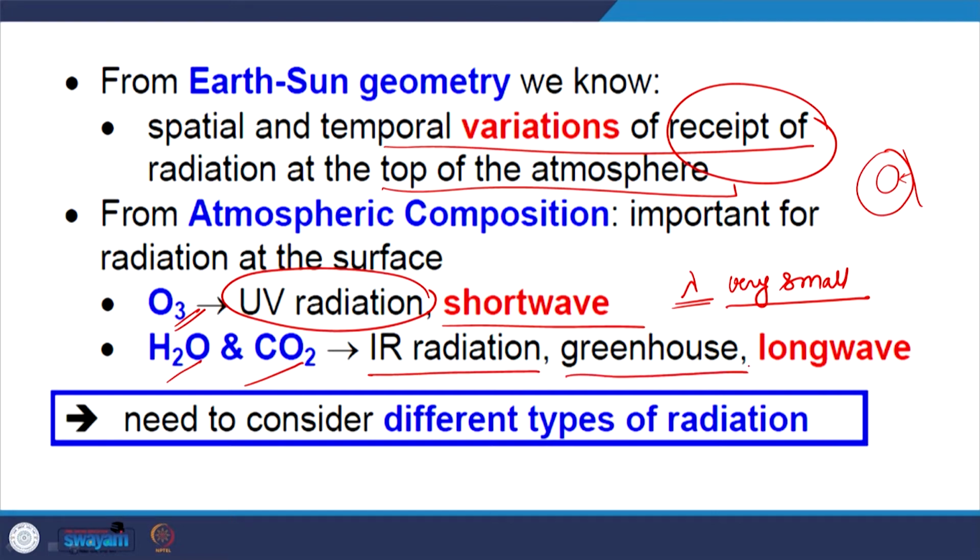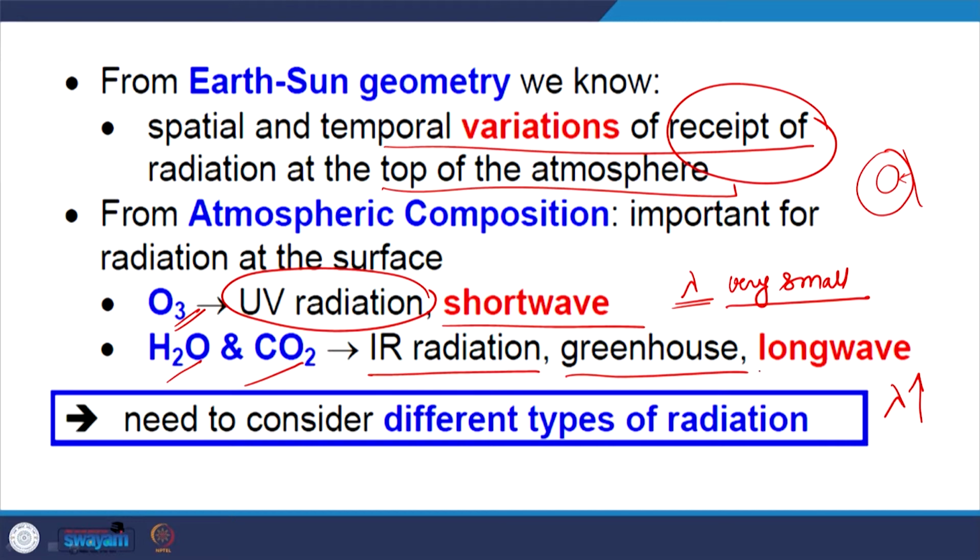So, the most important thing is that ultraviolet radiation dissociates ozone, that is what we have seen, and these two molecules have vibrational bands in the infrared spectrum. Since the infrared spectrum has longer wavelengths, several orders of magnitude, let us say, up to meters.